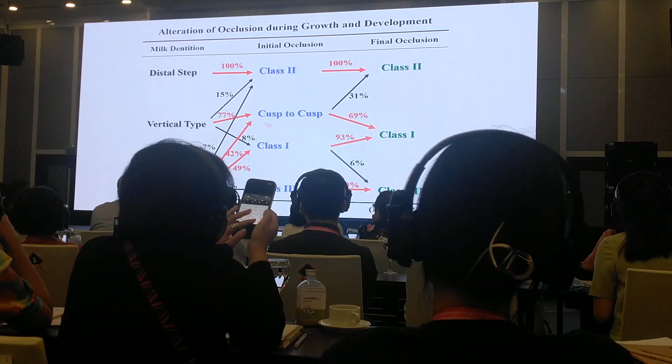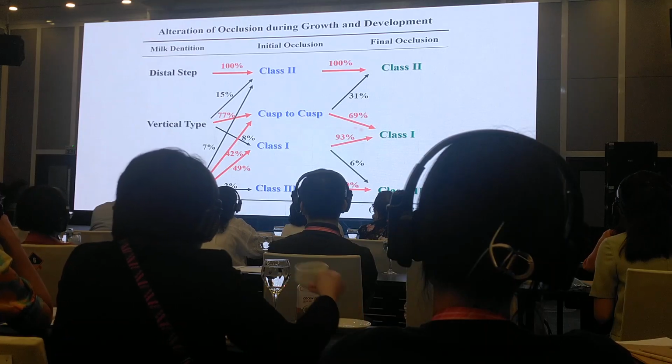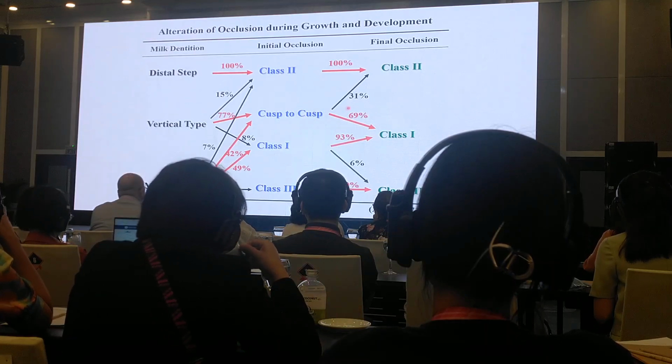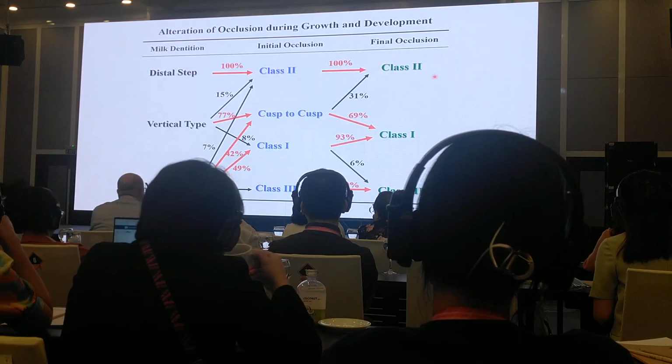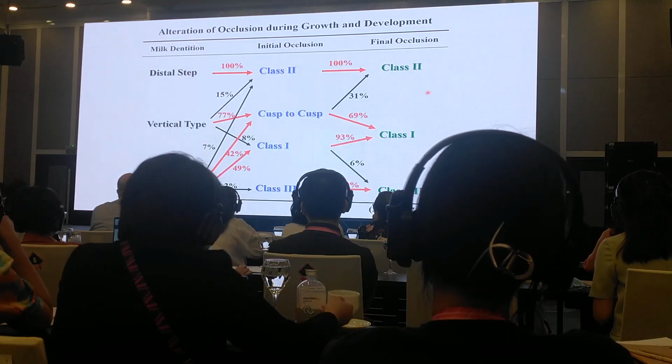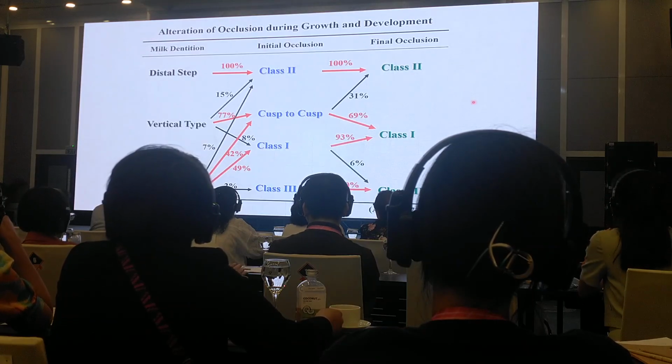And in this group, 70% finally go to plus 1, but 30% finally plus 2. If the distal step type of terminal plane, 100% plus 2, and final occlusion is also 100% plus 2. Therefore, many growing kids show plus 2 occlusion.